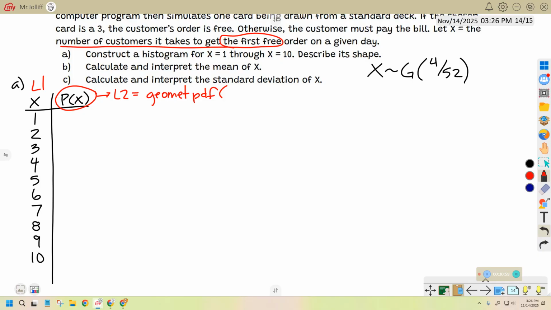I know my success, my P is 4 out of 52. I know that my X values are coming from list 1. If you do that, it should auto-populate list 2 with the probabilities for X is 1 through X is 10. I'm going to give you a second to do that, and then I'm going to start filling in the table.